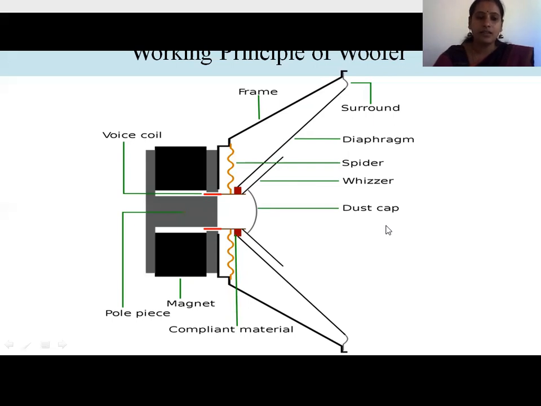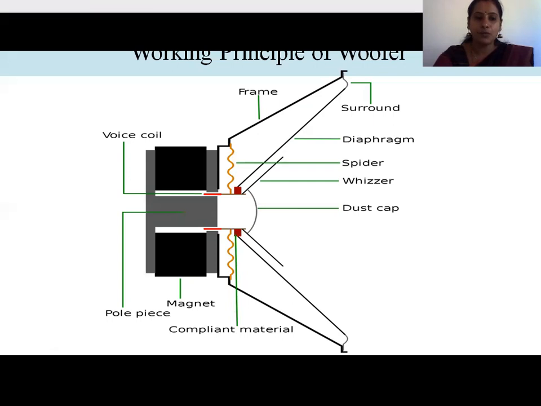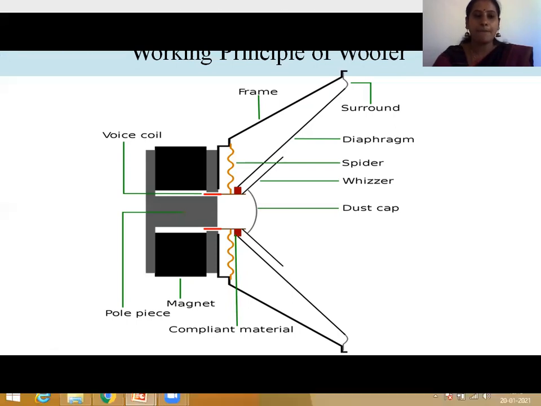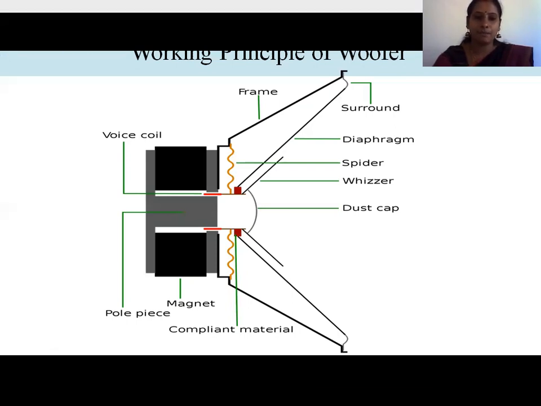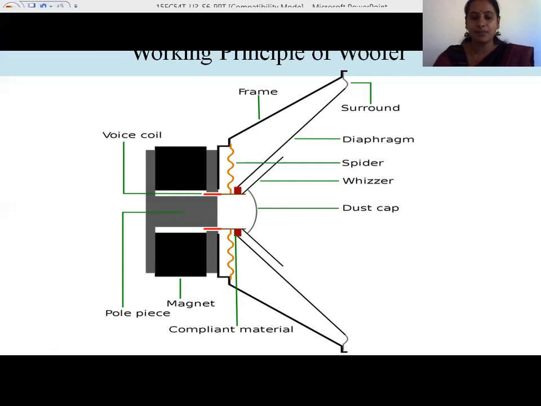Woofers are designed to produce the bass or low frequency portion of the audio frequency spectrum. For woofers, the designer does not choose the strongest magnet, as adding more magnetic flux will reduce the bass performance of a woofer because the moving system becomes overdamped.